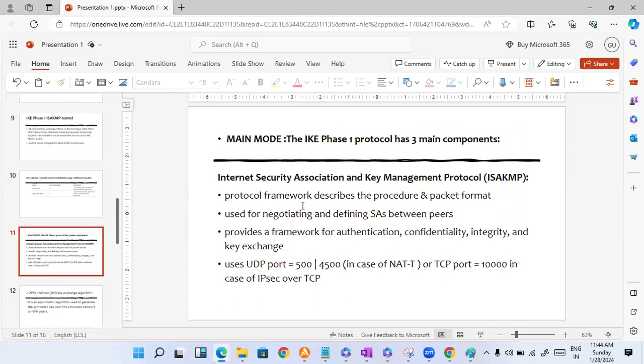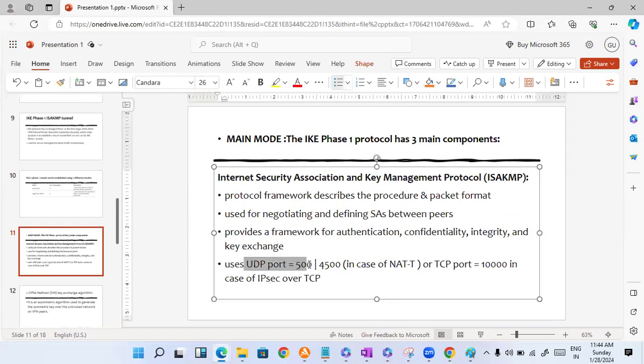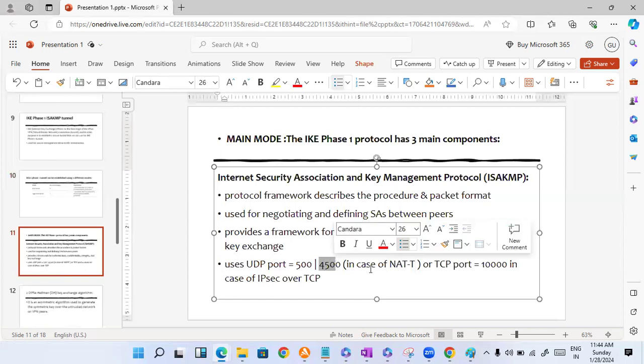I was not telling you the full form of ISAKMP. Basically, this service usually runs on UDP port 500. NAT traversal is a NATting functionality that runs on port 4500.